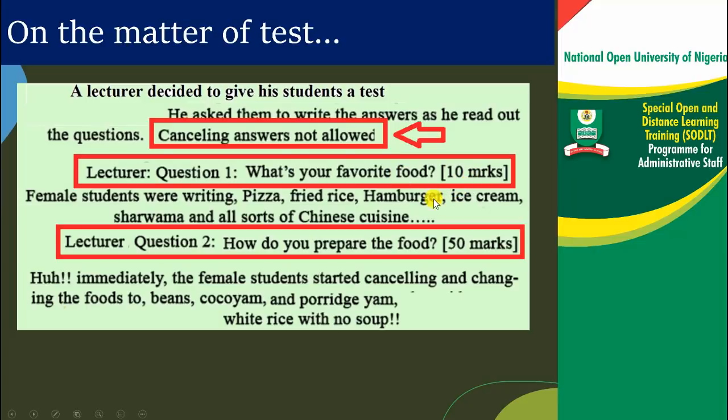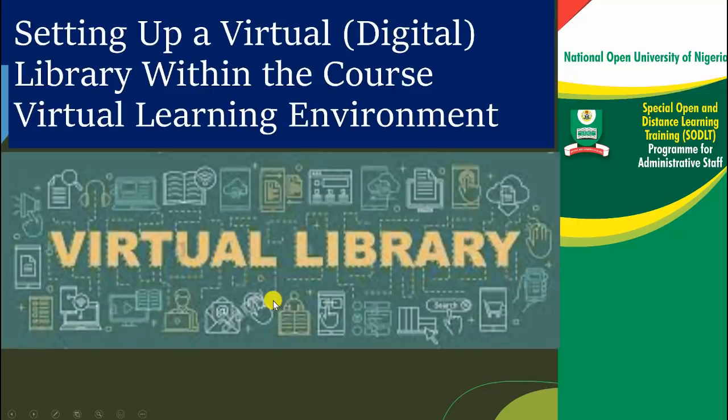Oh, students were writing, but the female students were writing pizza, fried rice, hamburger, ice cream, shawarma, and all sorts of Chinese cuisine. Okay, question number 2 for 50 marks. How do you prepare the food? Woo! Immediately, the female students started cancelling and changing the foods to beans, cocoyam, and porridge, yam, white rice with no soup.